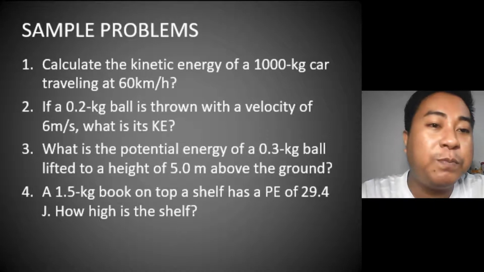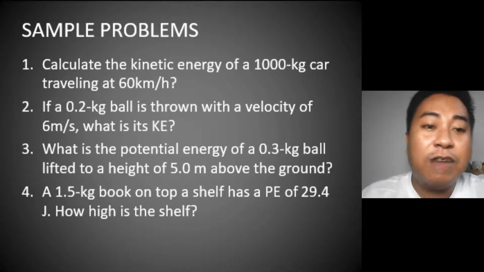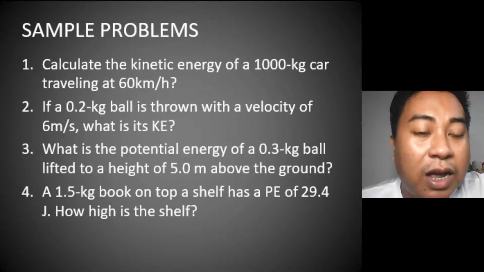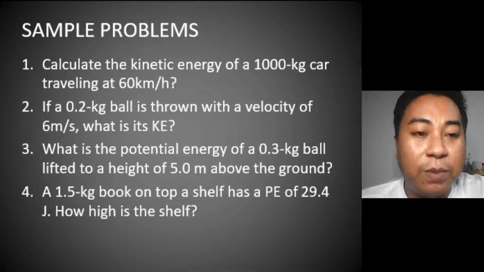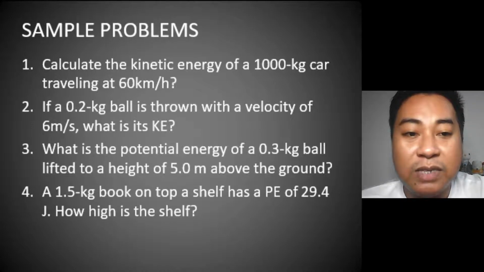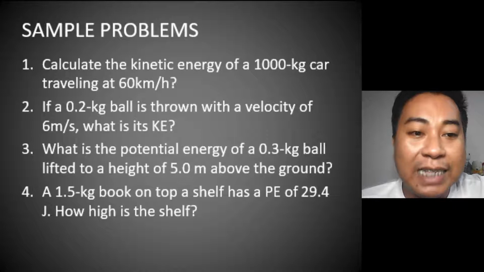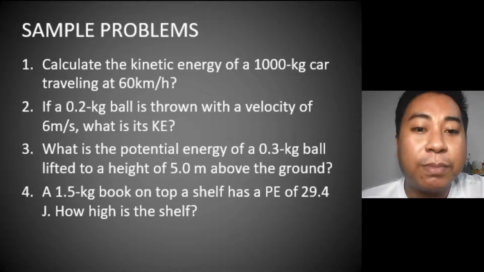Okay, so sample problem. Number 1, calculate the kinetic energy of a 1,000 kilogram car traveling at 60 kilometers per hour. Number 2, if a 0.2 kilogram ball is thrown with a velocity of 6 meters per second, what is its kinetic energy?